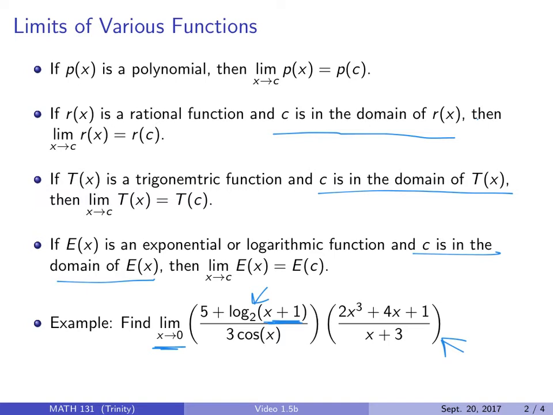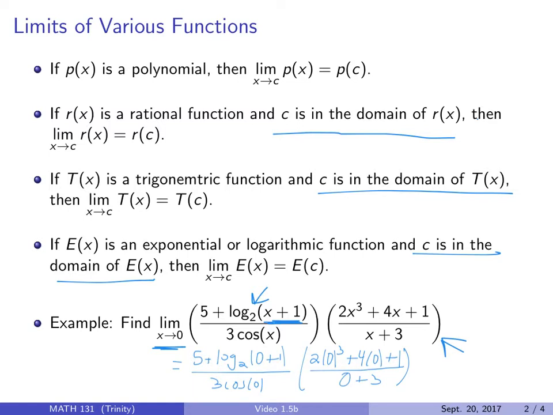So this limit is equal to 5 plus the log base 2 of 0 plus 1 over 3 cosine of 0, and all of that times 2 times 0 cubed plus 4 times 0 plus 1 over 0 plus 3. Now we just need to simplify.